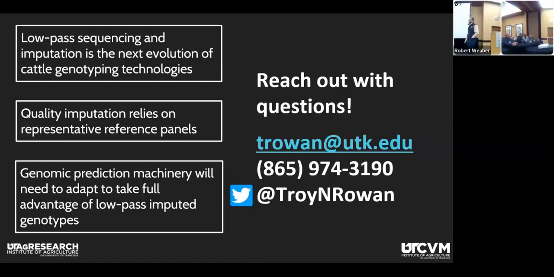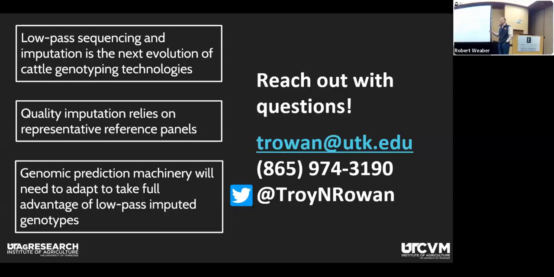Yeah, that's going to be really, really population dependent. My guess is that right now we can do a pretty good job of imputing Holstein, and in the future, even if we sequenced 100,000 more Holstein animals at high quality, we've probably got most of those haplotypes represented in a current reference. We're not going to see much wiggle room there. We go to a population like Brahman, for example, where we have limited representation in the reference panel.